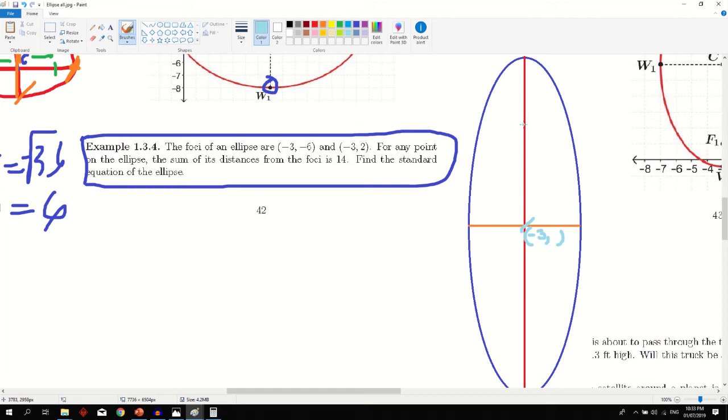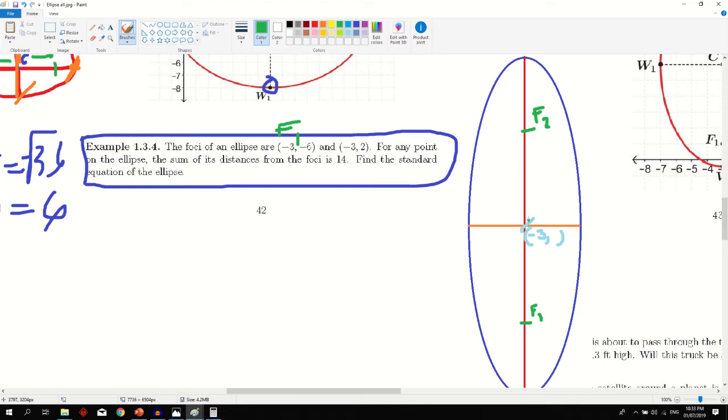Then negative 3 to negative 6, this one, is the first focus. So we put that as focus 1, F1. Then the other one will be F2.